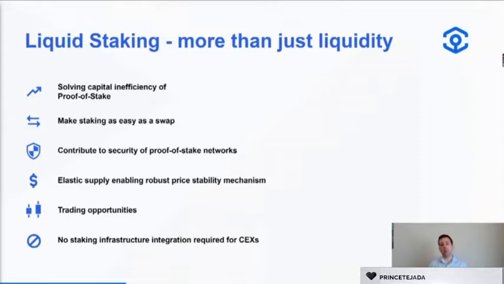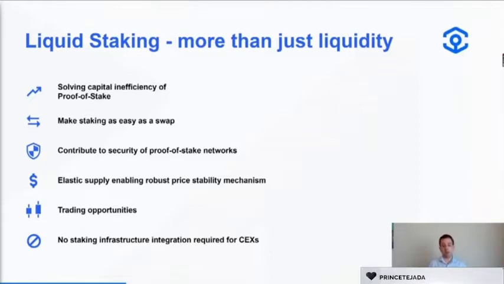However, with that elastic supply feature, whenever there is a discount on, let's say, Fantom liquid staking, there will be a trading opportunity to buy that token at a discount, let's say 2%, and then you unstake it through Ankr. In 7 days, you receive the fair value back. This is a very important feature that will, in our opinion, give price stability for liquid staking tokens and reduce its dependency on having large liquidity pools.